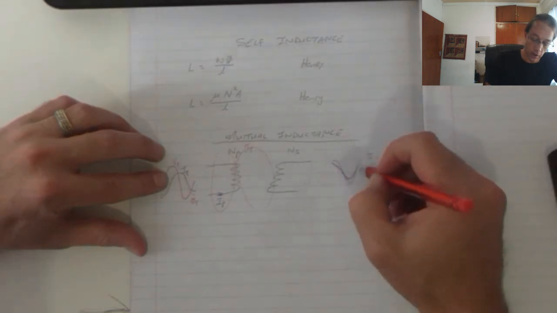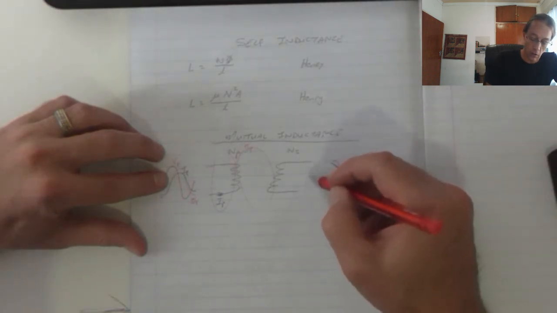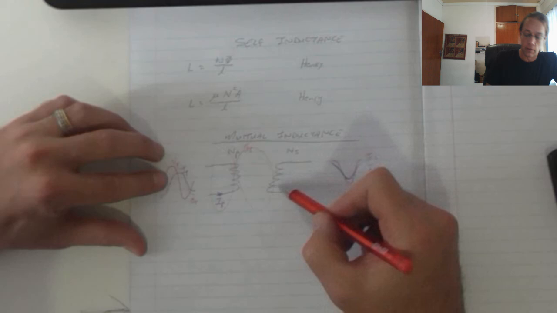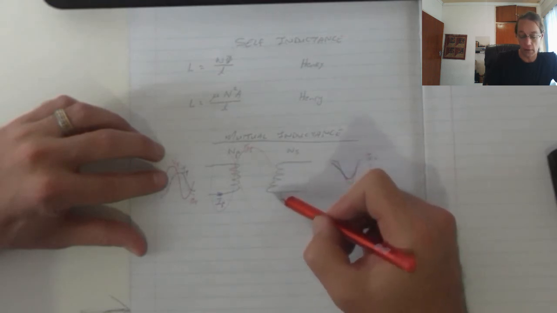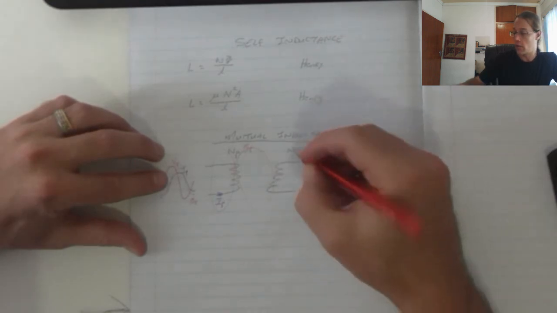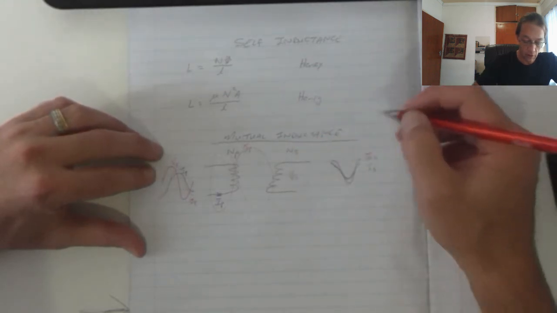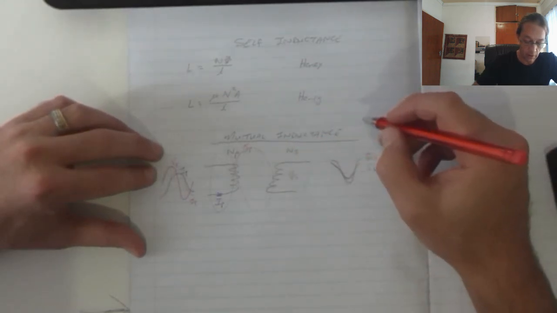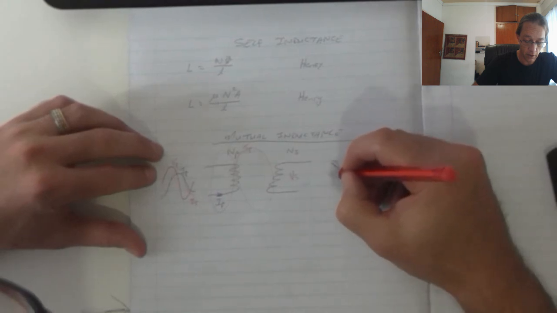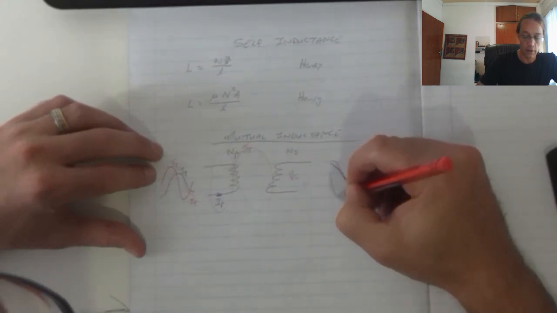Because I've got current flow through the load, or the resistor, and through the coil, I will develop a secondary voltage on my coil. And that secondary voltage will look like this.